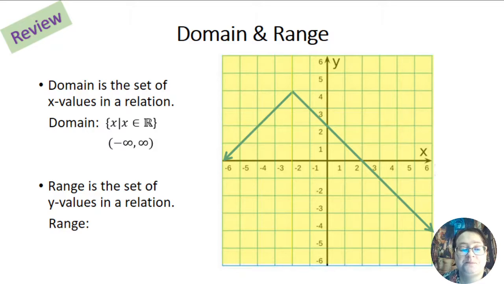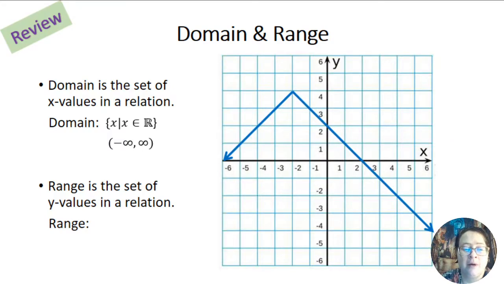Our range is the set of y values in a relation. Here, we're going to start at our vertex, which is at (-2, 4). And I'm going to look specifically at my y value here. My y value in the vertex is 4. So for my range, I can write out y, and I'm going to leave a space, and I'm going to put 4.